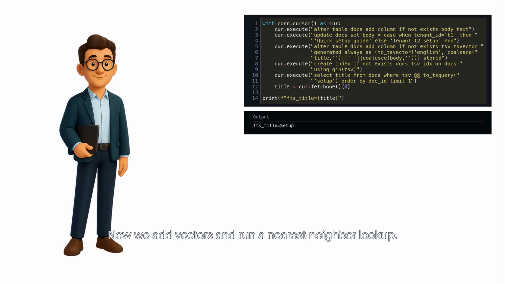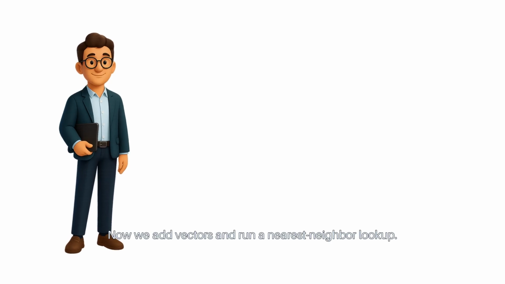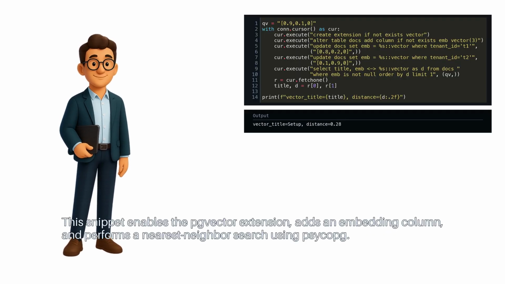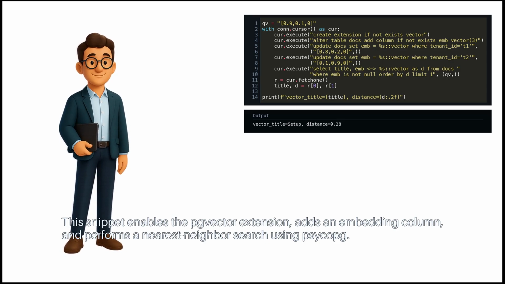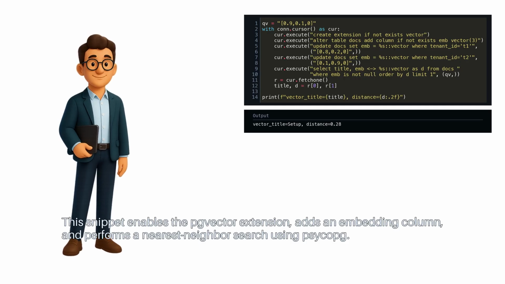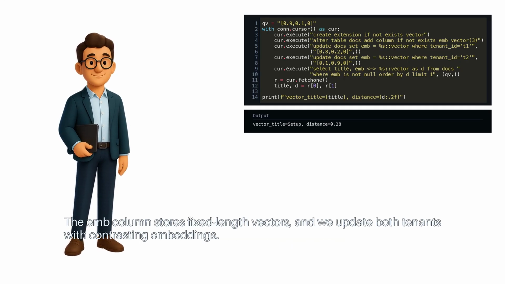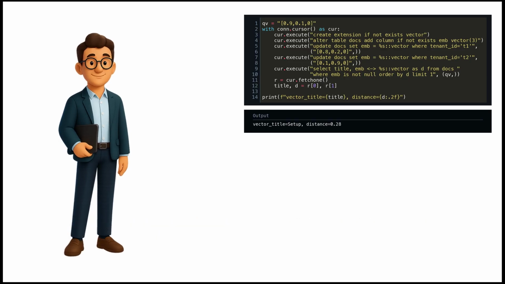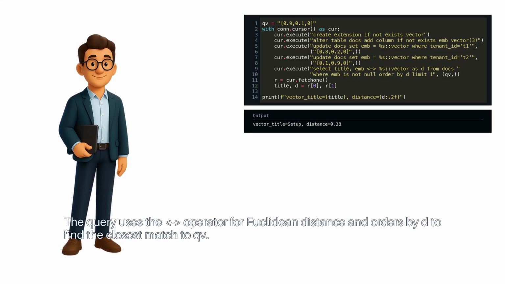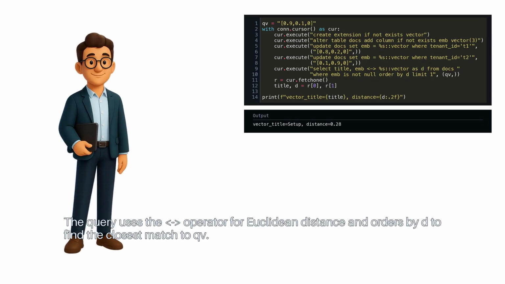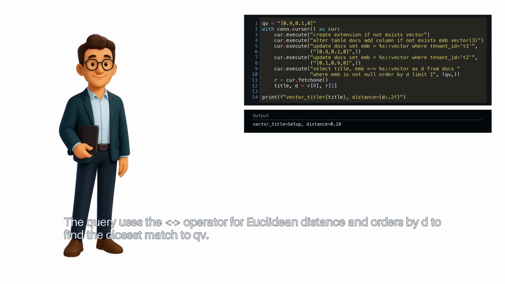Now we add vectors and run a nearest neighbor lookup. This snippet enables the pgvector extension, adds an embedding column, and performs a nearest neighbor search using psycopg. The emb column stores fixed length vectors, and we update both tenants with contrasting embeddings. The query uses the <-> operator for Euclidean distance and orders by d to find the closest match to qv.